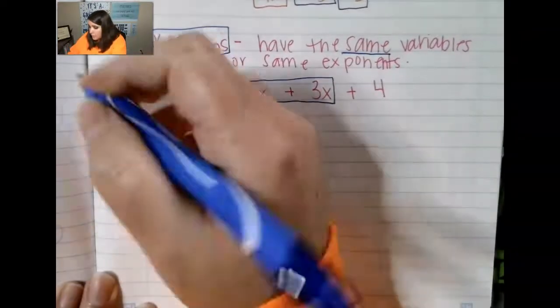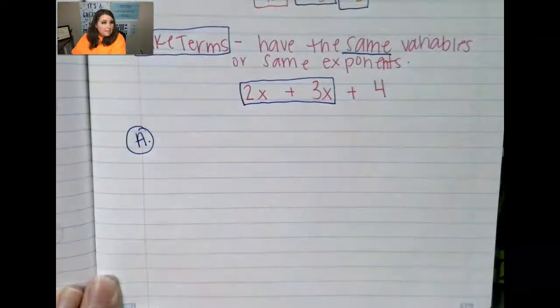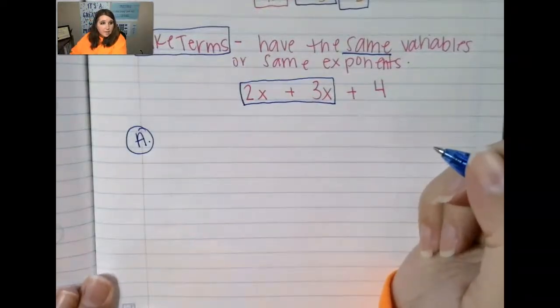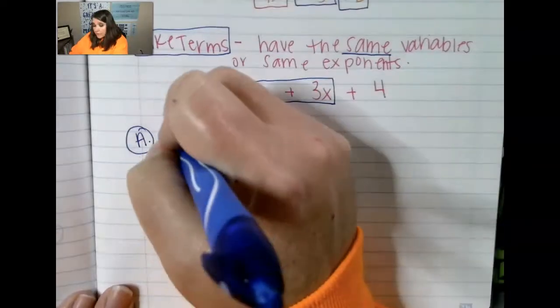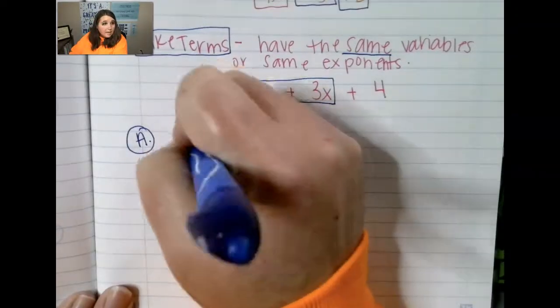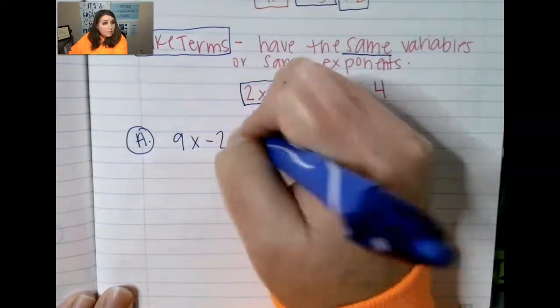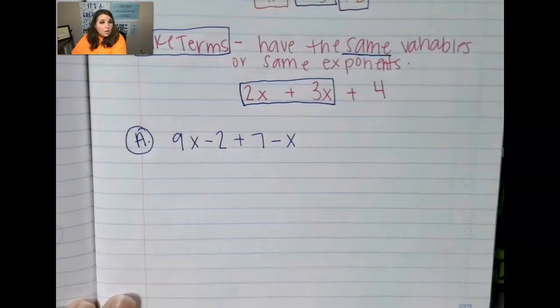So example A. All right, example A. It says to rewrite the sum of the terms. So the first example we have is 9x minus 2 plus 7 minus x. Okay, so our job is to first identify what are the terms.